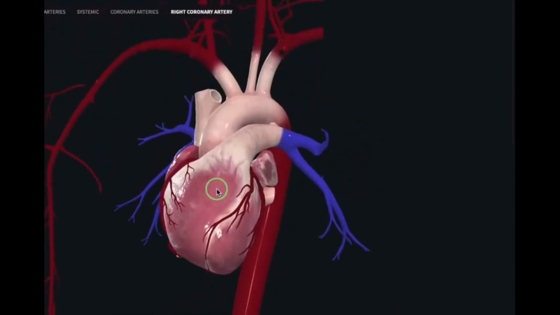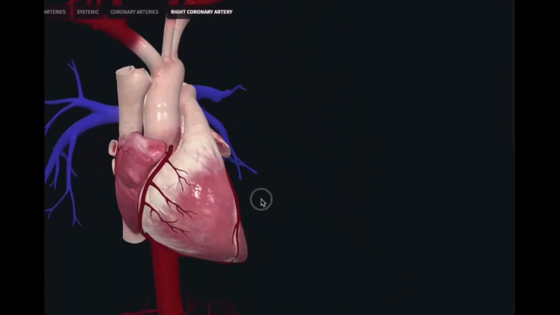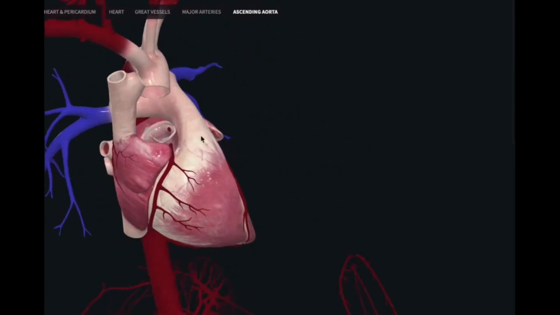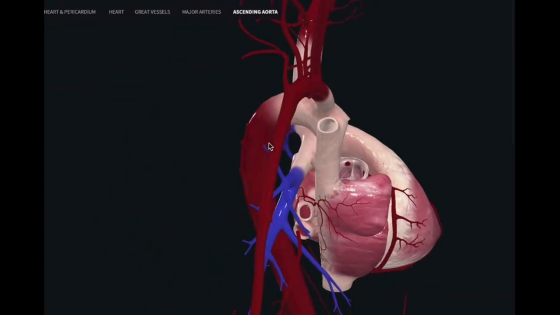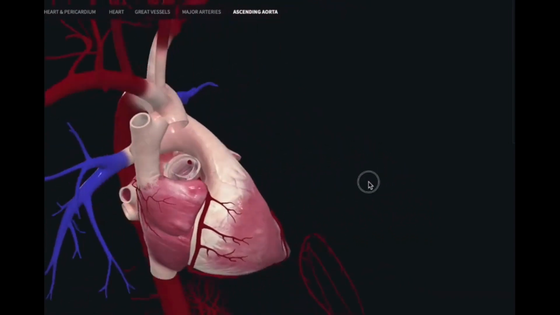Now the left coronary artery again starts, remember, at the aortic bulb from that side of the angle. So in order to view it, we need to rotate the heart more or less in there.